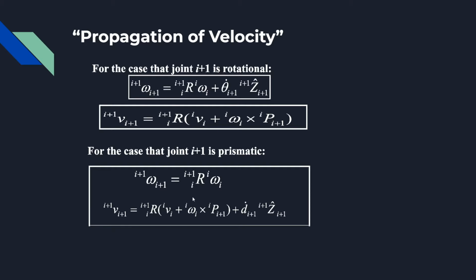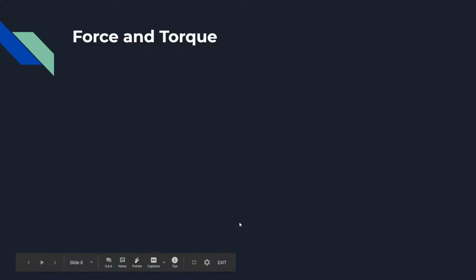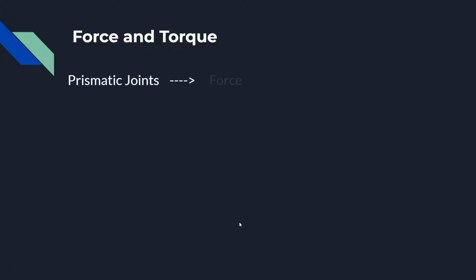So we use these formulae to go about finding both the linear velocities and the angular velocities from one point to the other, and the formulas changed whether the next joint was rotational or prismatic.